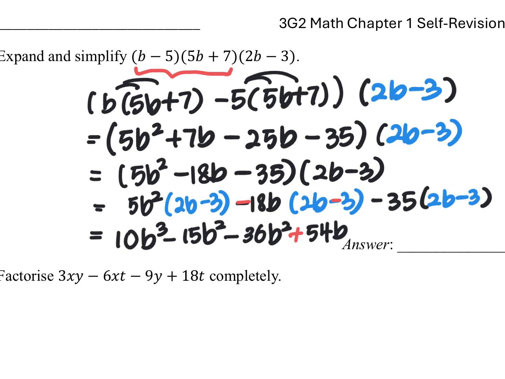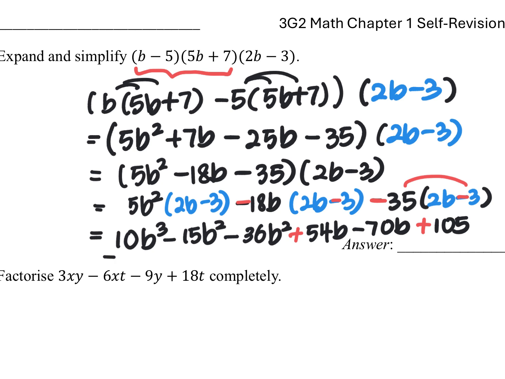Then last but not least, the one at the back, negative 35 times 2b, so negative 70b. Negative 35 times negative 3 will give me positive 105.